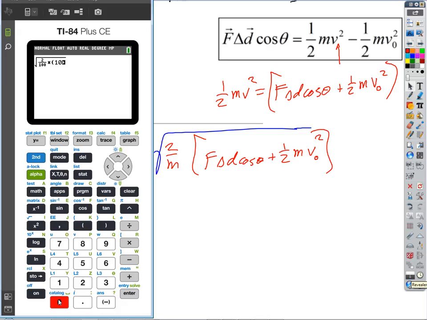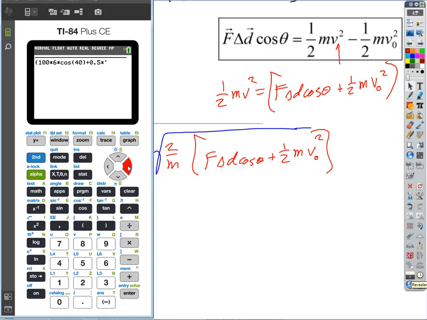We'll just suppress the units here to be lazy. 100 times delta D, which was 6 meters, so times 6 times cosine of 40, plus 0.5 for half, times m, which is 100, times 1. 1 squared is 1, so we can just delete that. I can just stop there.